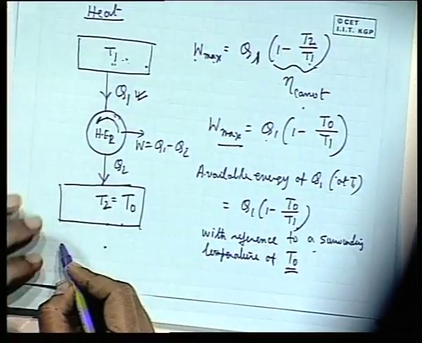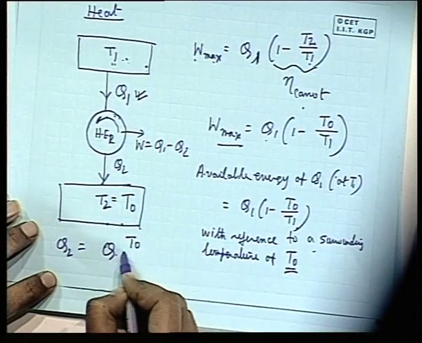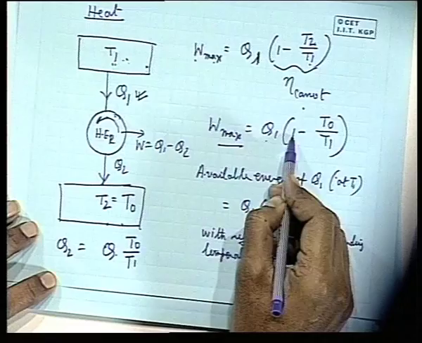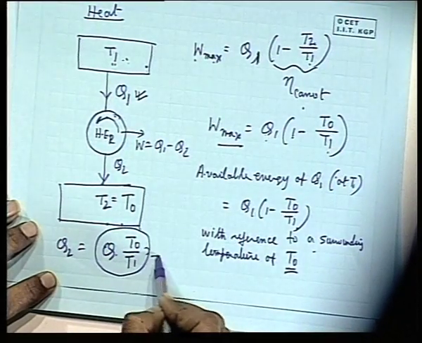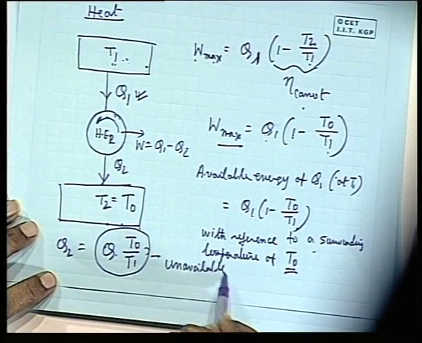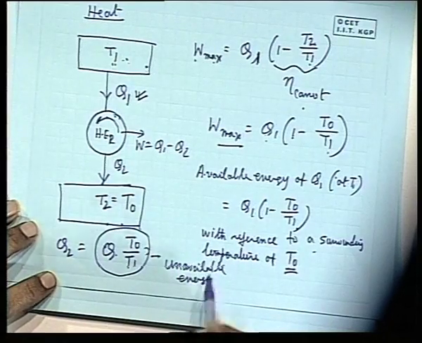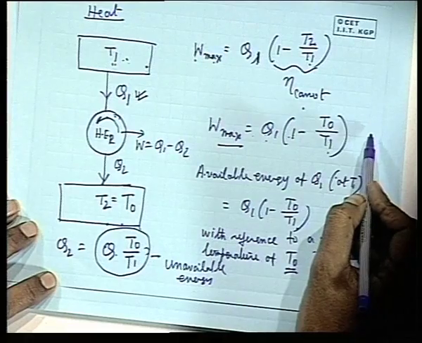So, what is Q2? Q2 is Q1 into T0 by T1, the heat rejection. This is the unavailable energy. Therefore, Q1 comprises two parts: the available energy plus the unavailable energy.